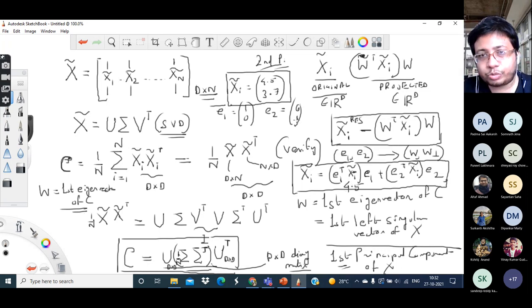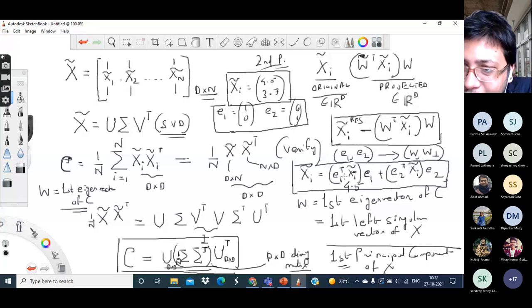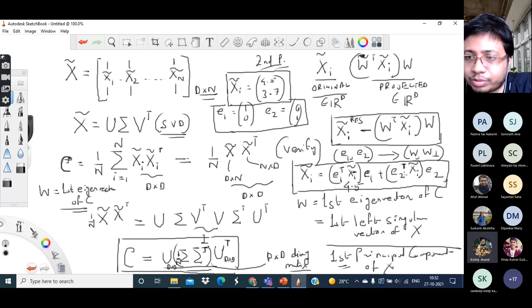You can of course numerically calculate the dot product, but it's not needed. E1 transpose, the way it is defined, simply means the first component of the data, which has to be 4.5. So 4.5 times E1, and similarly this has to be 3.7.